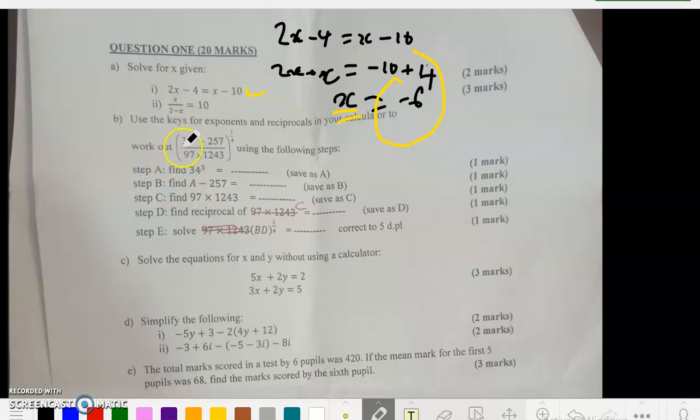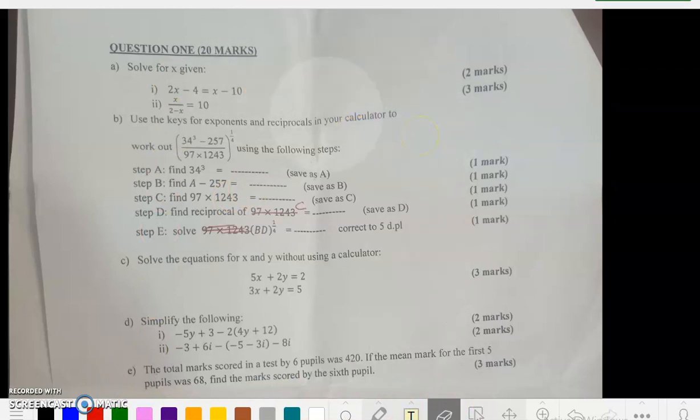Now you have the second question. The second question says x divided by 2 minus x is equal to 10. So what are you going to do in this kind of question? We are going to collect the like terms. So here we have x over 2 minus x is equal to 10.